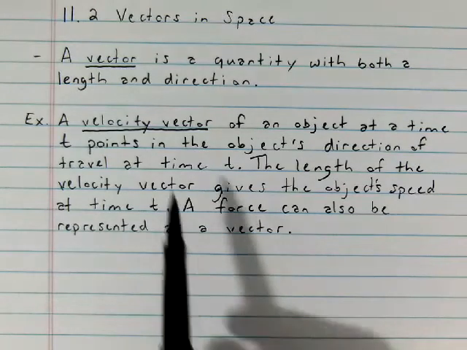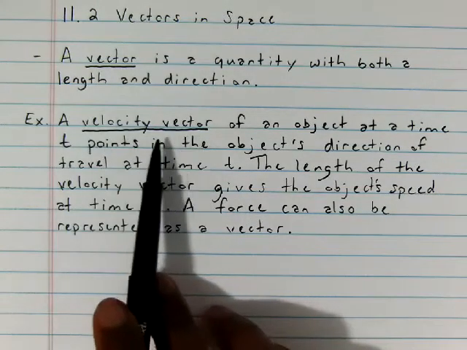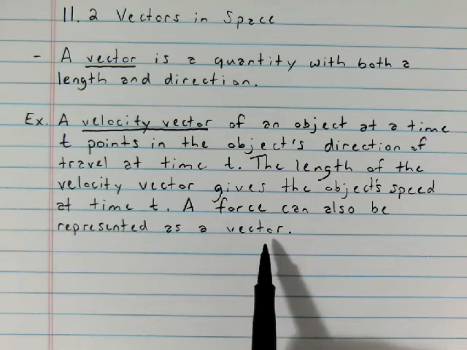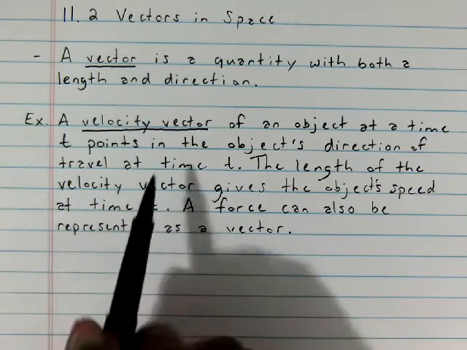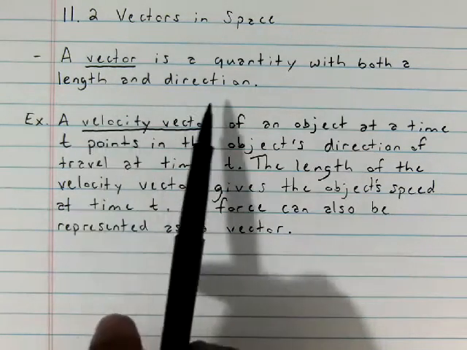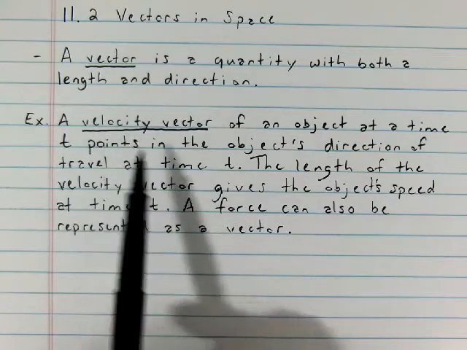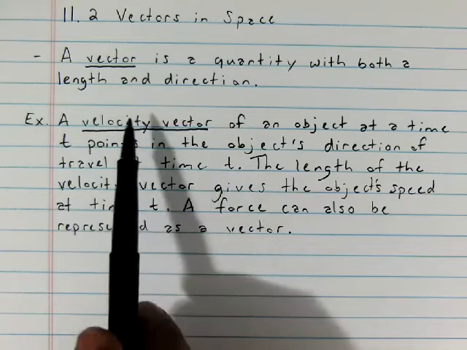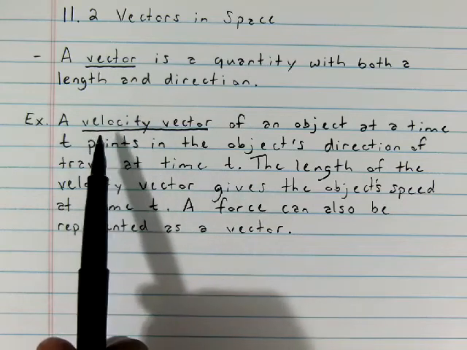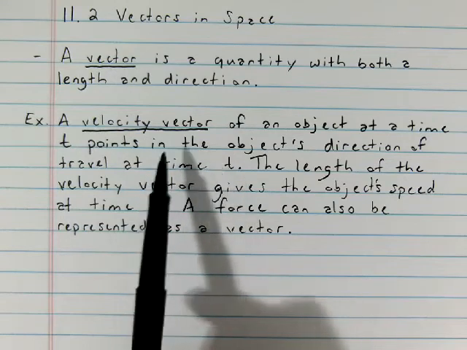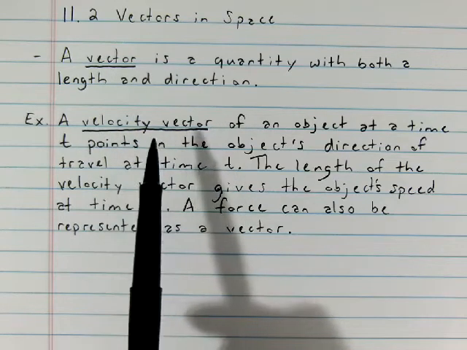We'll talk about velocity vectors a little bit later in the course, and we'll talk about forces and use vectors to represent them throughout the course. So now notice I said a vector is a quantity with both a length and a direction. So this velocity vector, the length of it represents the speed of whatever the object is, and the direction of the vector points in the direction of travel of the object.